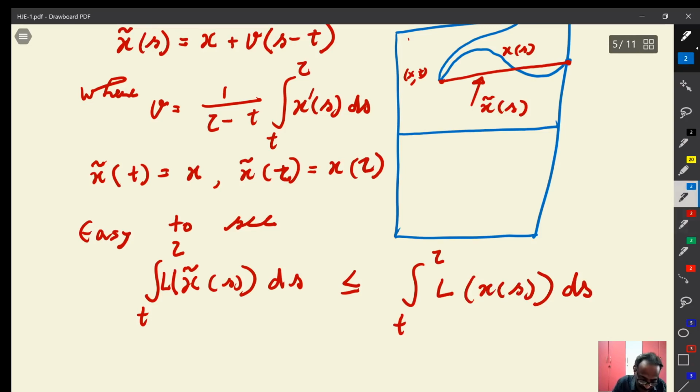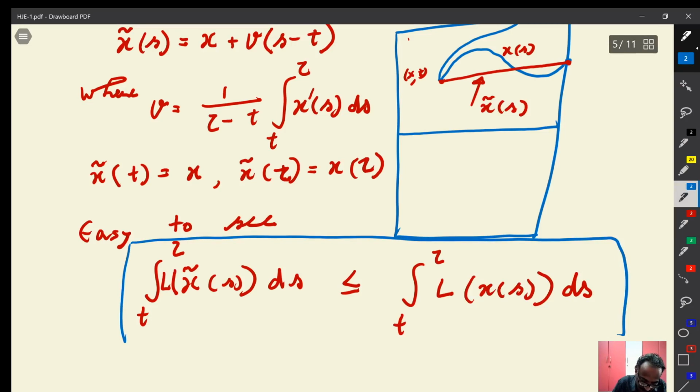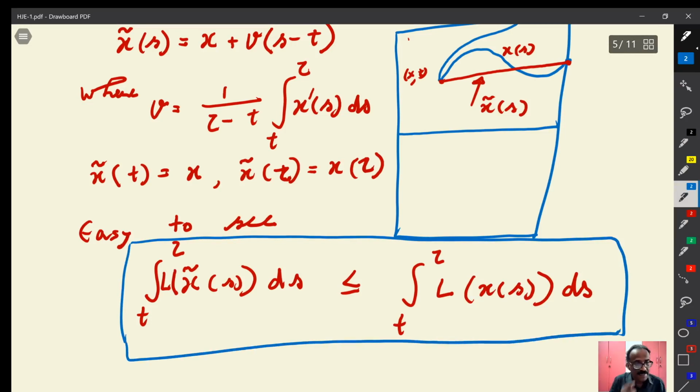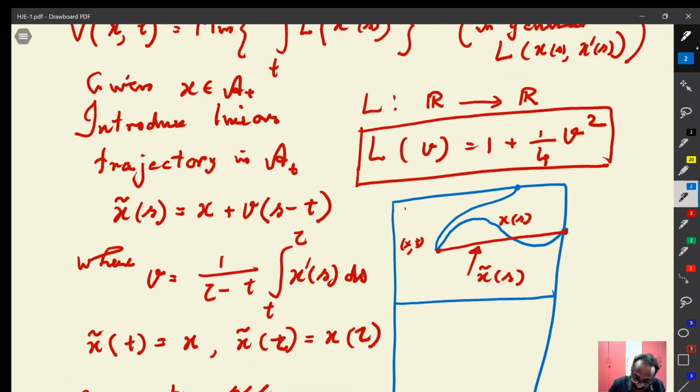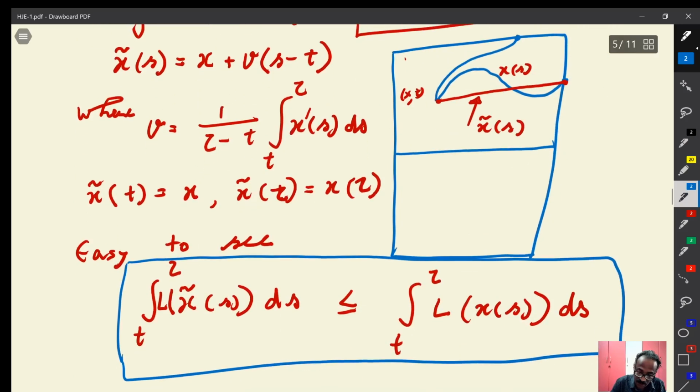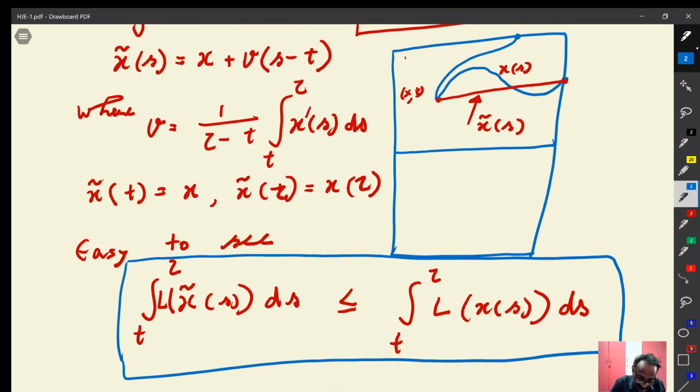This is an important thing that you can see. You can immediately compute this. Given any trajectory x, you construct a trajectory x tilde of s, and for that x tilde your energy is smaller.